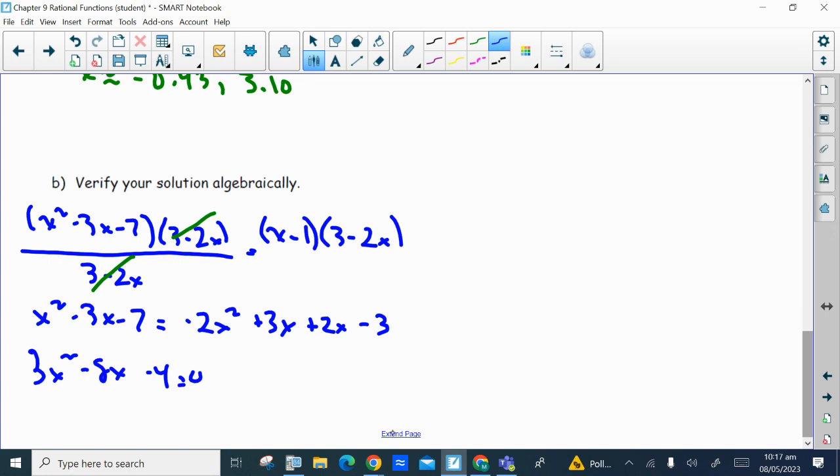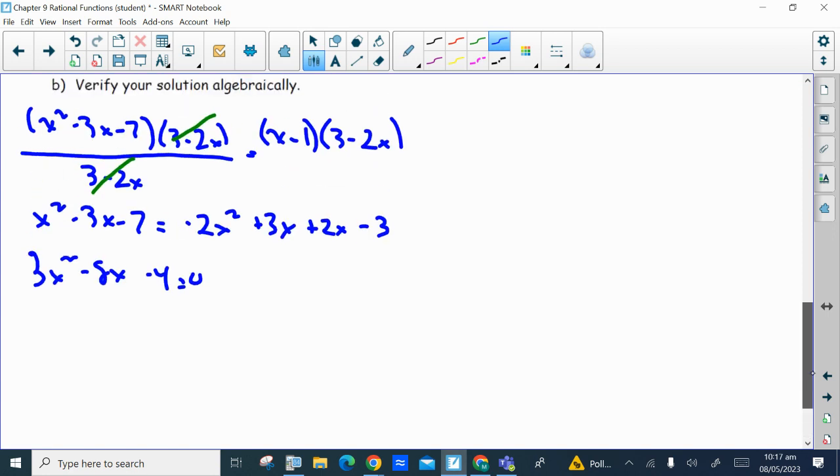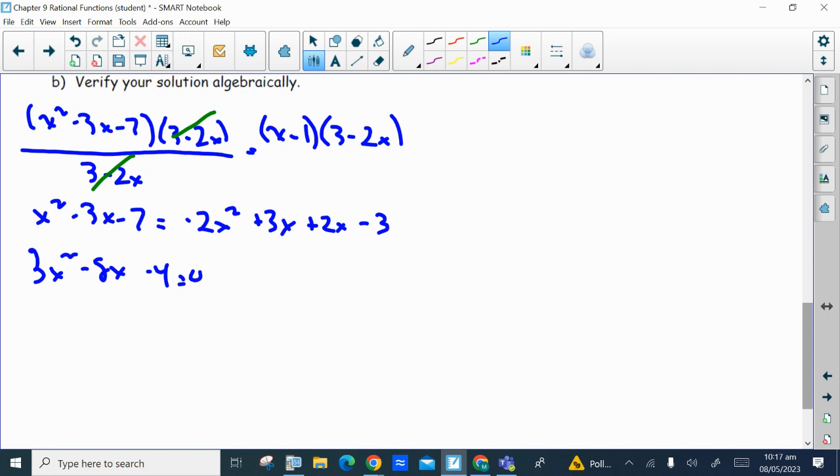And this one cannot be factored. And so we would use the quadratic formula. Negative b plus or minus the root of b squared minus 4ac, all over 2a.